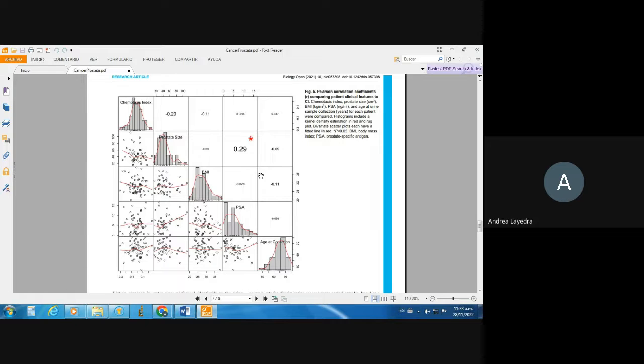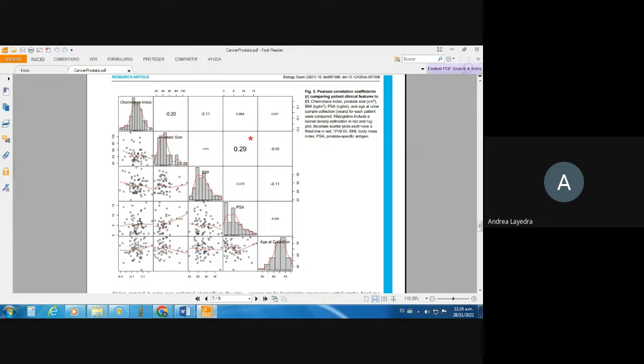Okay. With this model, they consider chemotactic index and other values like prostate size or these antigens, these biomarkers.